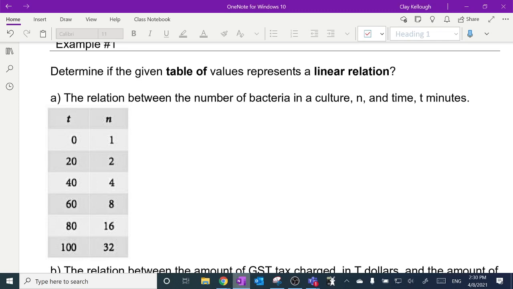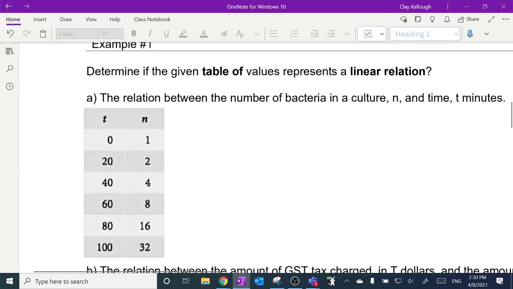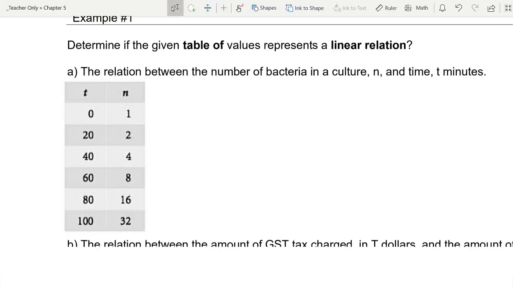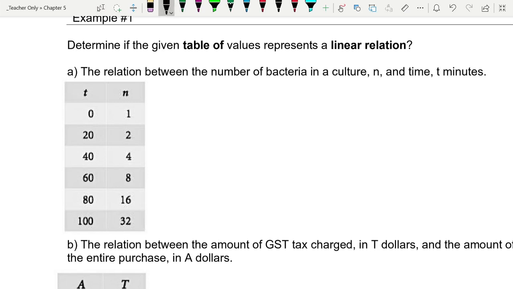What's the secret here? The secret is to go to the chart and ask yourself, are x and y changing at the same rate? When I go from point to point in the x values, which are in this case t, but whatever, the independent variable, I seem to be going up by 20 every time. Definitely that's constant. But it's not really linear unless the other side is constant as well.